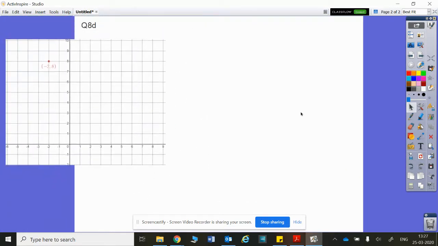Okay, so another way of doing this would be to say we've got y equals mx plus c, and now we know m is -3. So we've got y equals -3x plus c.